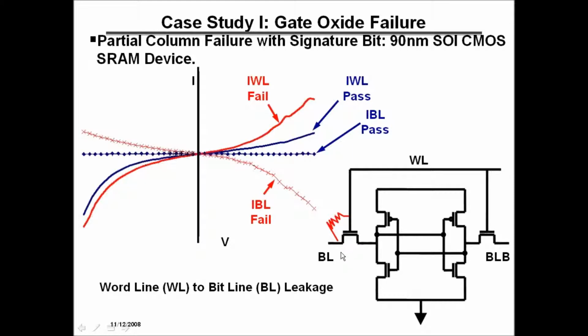It was also a test chip, and we had access points to the word line and the bit line where we could microprobe, and we could verify that we had leakage here on the pass gate. And you can see here the difference between the fail and a passing bit cell. However, we did a number of physical analyses.